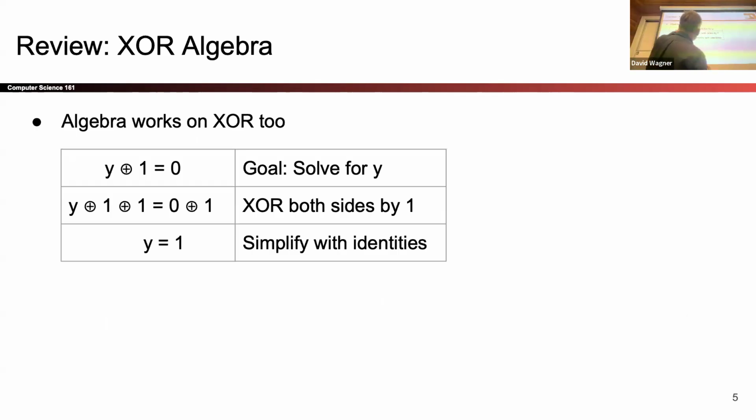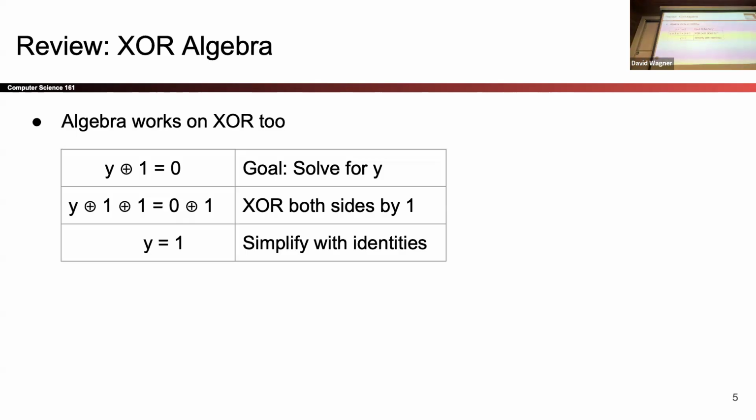And just like we can do algebra with addition, you can do algebra with XOR. For instance, if I have the equation y XOR 1 equals 0, and I want to solve for y, I can do algebra to solve for y. If that was a plus sign and I had the equation y plus 1 equals 0, how would I solve for y? I would add -1 to both sides, right? So I should do the same thing, add -1 to both sides.